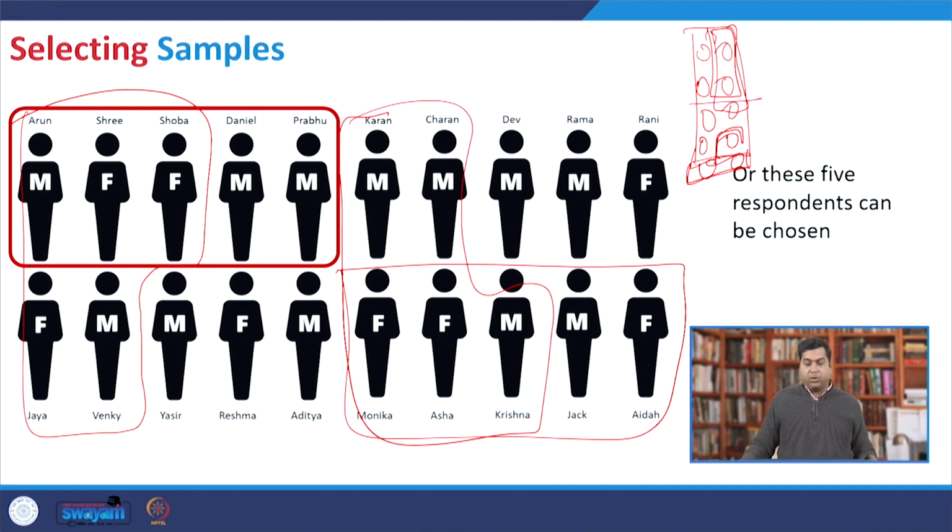But in this case, selecting 5 out of 20, there are any number of ways we can select. We can remove the first 5 and start from the sixth, or we can skip 2 to 2, or since 5 is just one fourth of the population that you need to pick, there are any number of ways to do it.